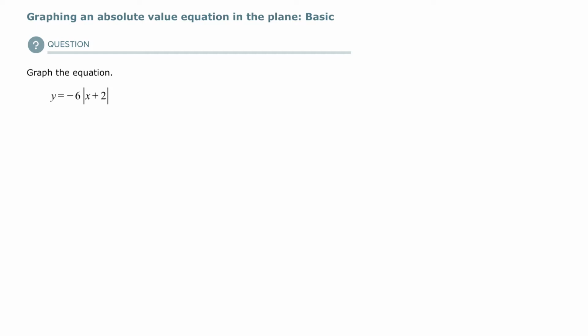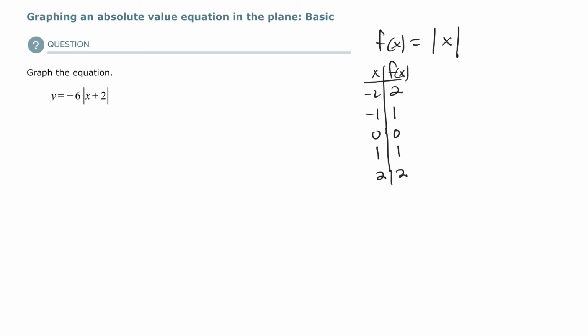Oh, actually, before I pick -4, why don't we take a step back and look at the basic function. And what do I mean by basic function? We should know how to graph this, right? If I made a t-chart for x, f of x: -2, what's the absolute value of -2? It will be 2. -1 will be 1, 0 is 0, 1 is 1, and the absolute value of 2 is 2.